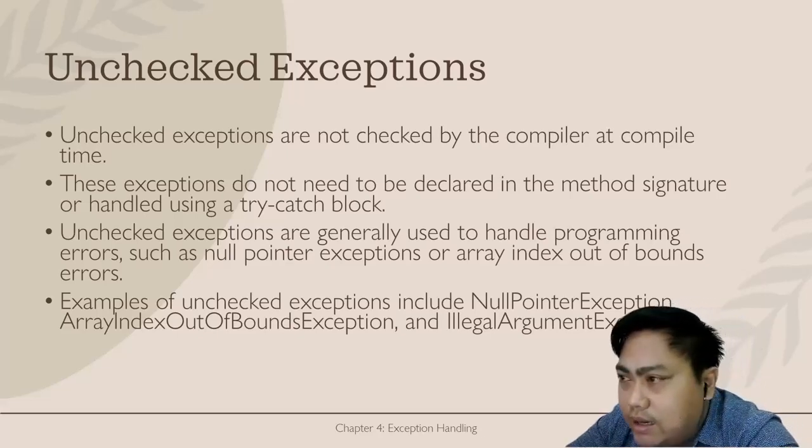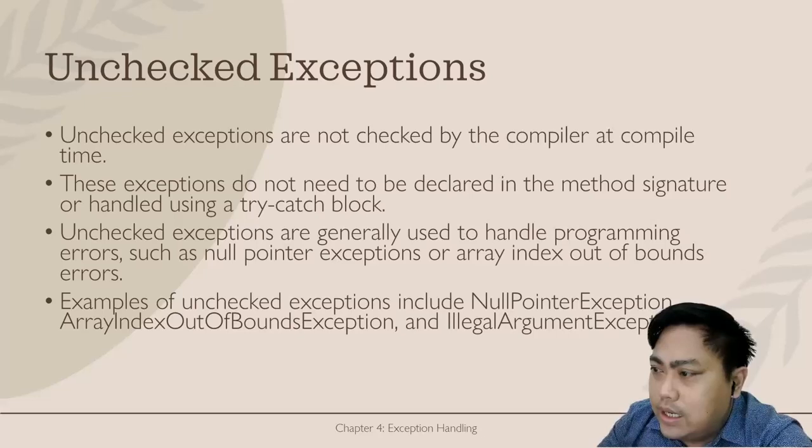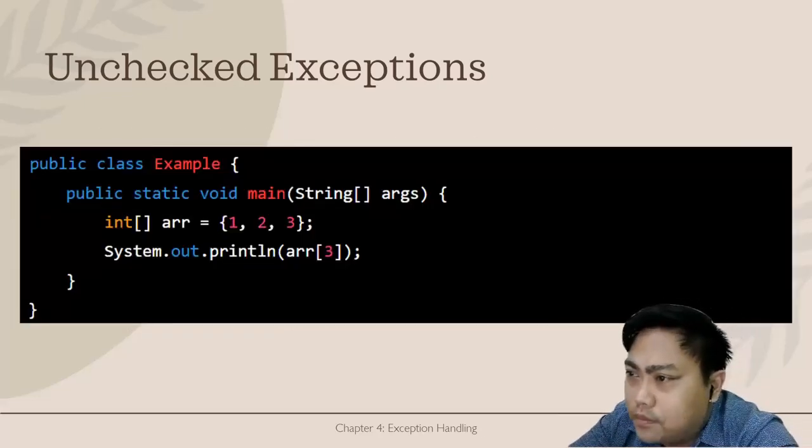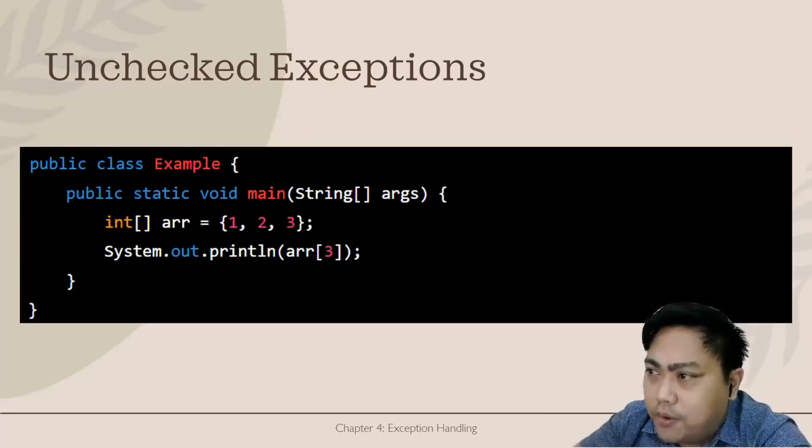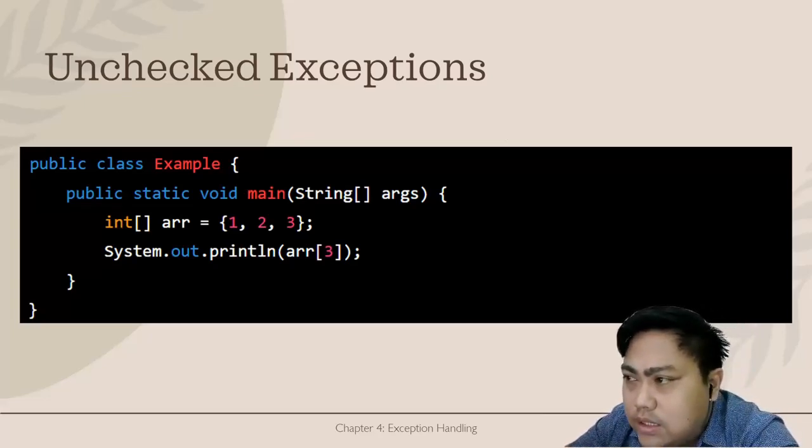So let's check the example. This is an example of an unchecked exception. In this example, we declare an array of integers with the following values: 1, 2, and 3. And then we want to retrieve the array element with the index 3. So in this example, this code will have an error.